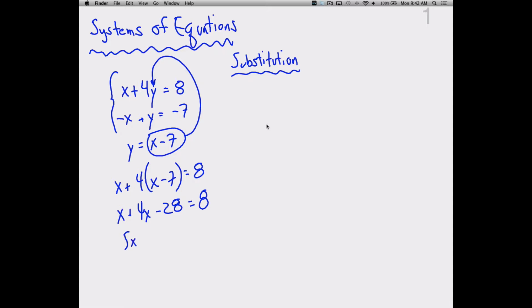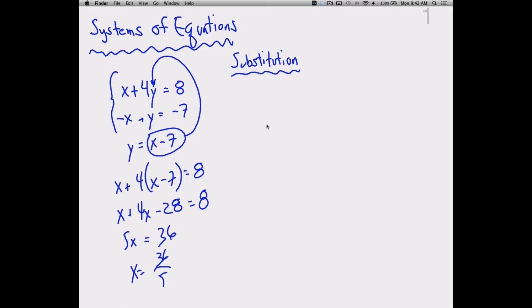So 5x is equal to, add 28 to both sides, 28 and 8 is 36. So x is equal to 36 fifths. It just couldn't be 35. No, it's 36. Not everything in life turns out nicely.